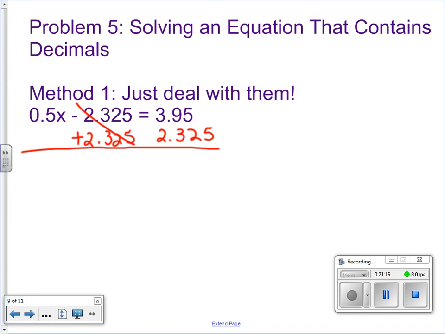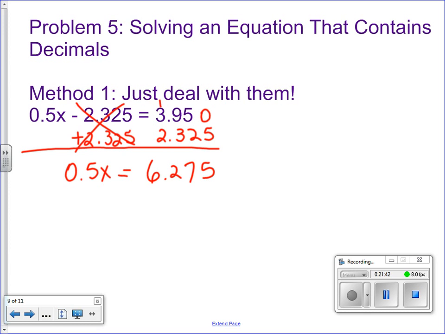And I'm going to do the same to the other side. Now, a minus and a plus cancel each other out. So I have 0.5x is equal to, and on the right-hand side, let's add these up. 5 and 2 are 7, 9 and 3 are 12, carry the 1, 1 and 3 are 4, and 2 are 6.